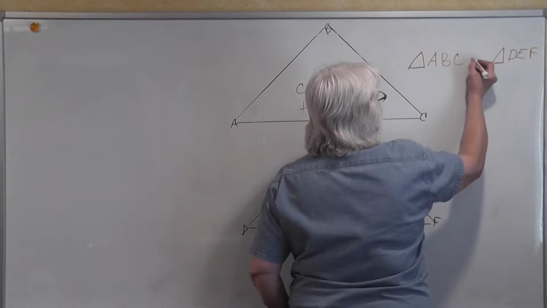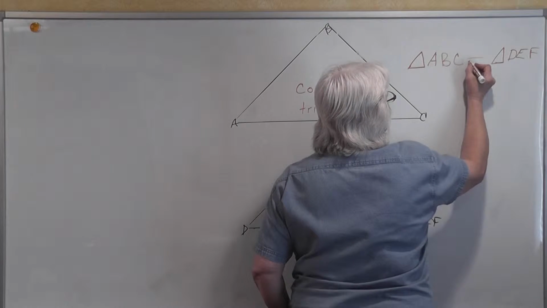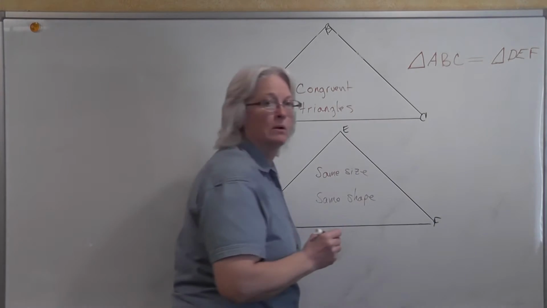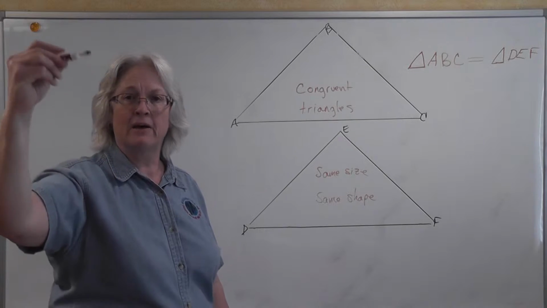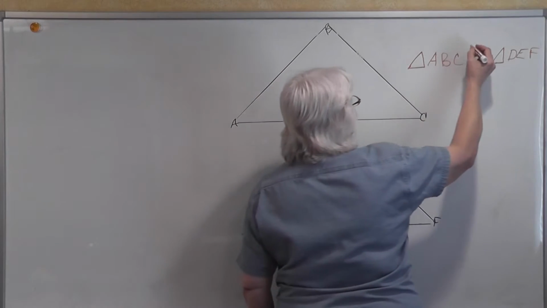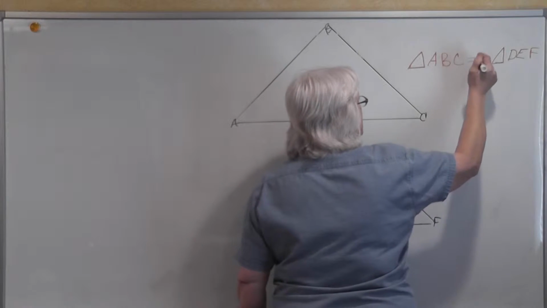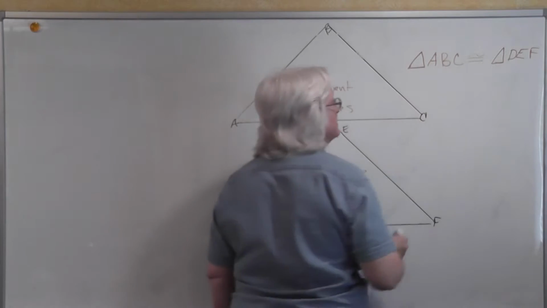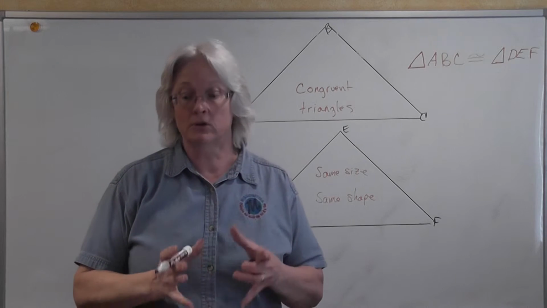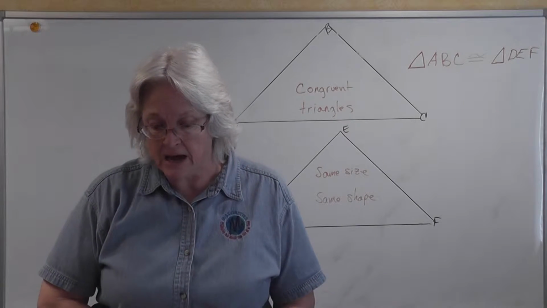And we are going to use the symbol for congruent, an equal sign with that squiggly line that we usually use to represent is approximately equal to. So triangle ABC is congruent to triangle DEF.